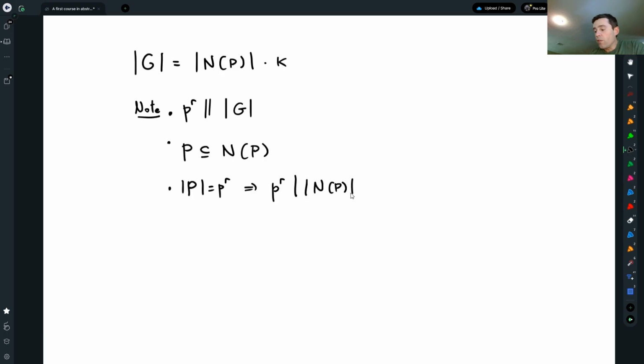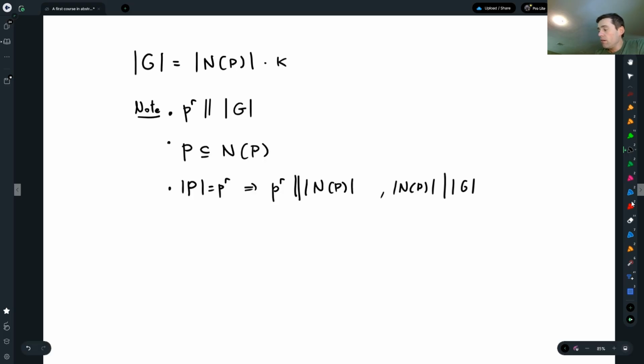But since the order of the normalizer is, in turn, a divisor of the order of the group, what we get is that P to the R is the largest power dividing the order of the normalizer.